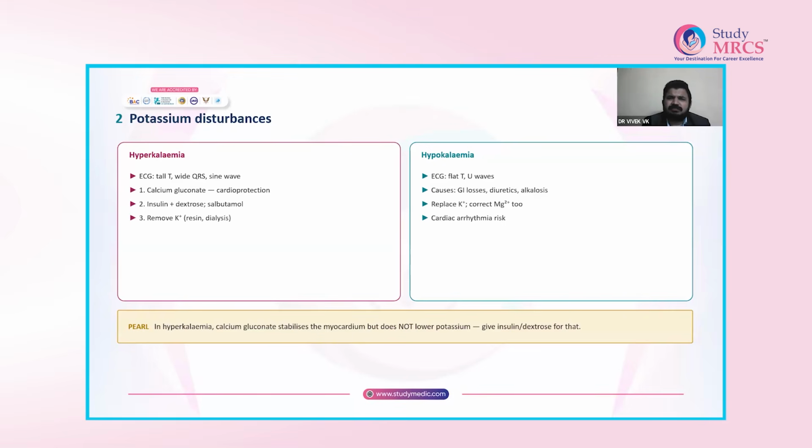You have to give the potassium and correct the magnesium also. That is a very important point. Suppose the patient has some potassium disturbance, always check the magnesium and correct the magnesium also. Hypokalemia can produce a risk regarding arrhythmia. It can cause cardiac arrhythmia.